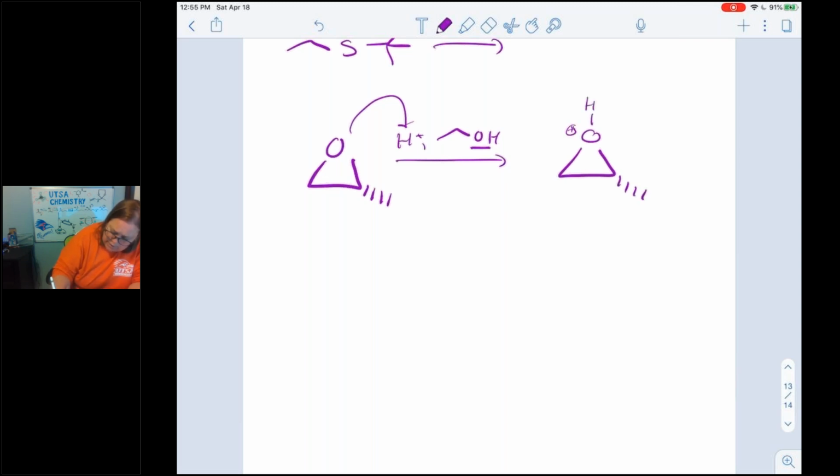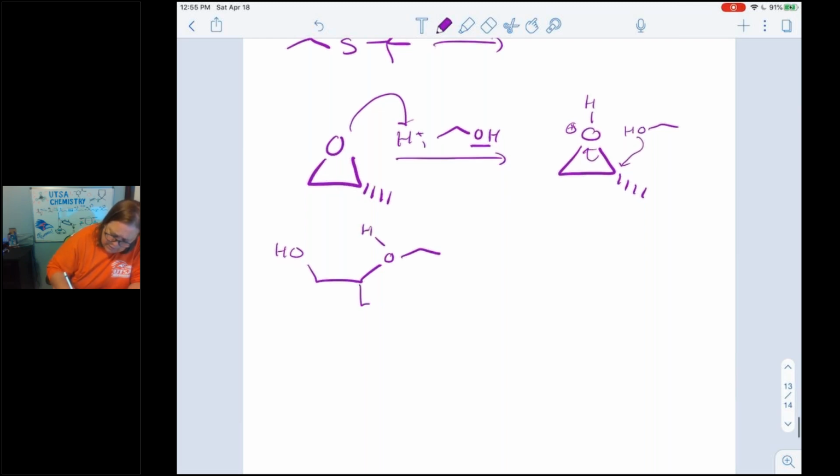So if you're uncertain why, go back and watch that lecture. But now I'm going to attack the more substituted carbon. I'm going to open up my ring this way. I am going to see inversion, but like I told you guys before, if you just draw it like this, it's a lot easier not to make mistakes.